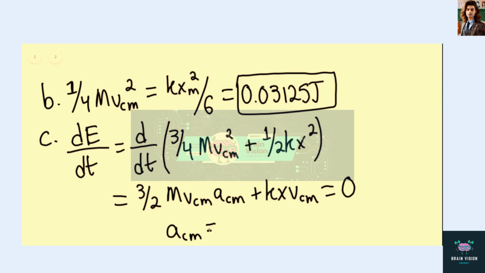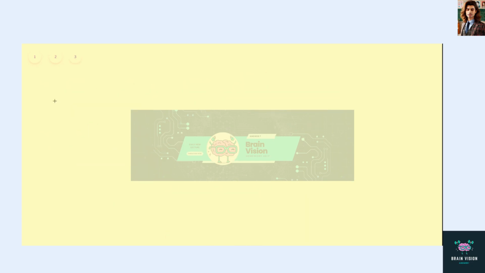So the acceleration would then be equal to -2k divided by 3m times x. We are going to compare this to equation 15.8. And so we find that the omega, the angular frequency, is equal to the square root of 2k over 3m.